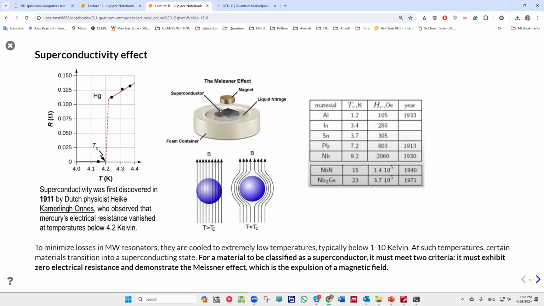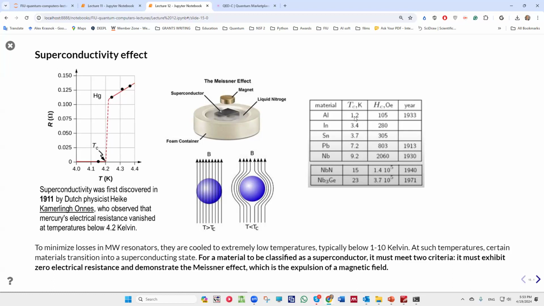Our circuit is made of metallic wires, and if we are aware of the superconductivity effect, for some metals, for example aluminum, lead, niobium, if we cool these metals down below the critical temperature, which is different for different materials.